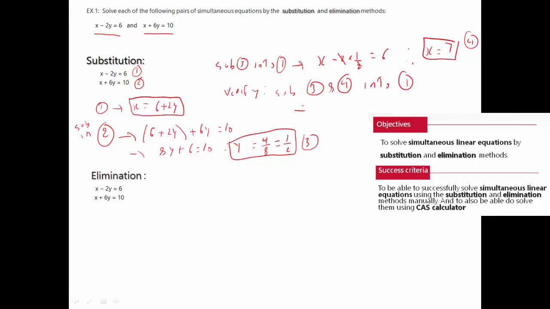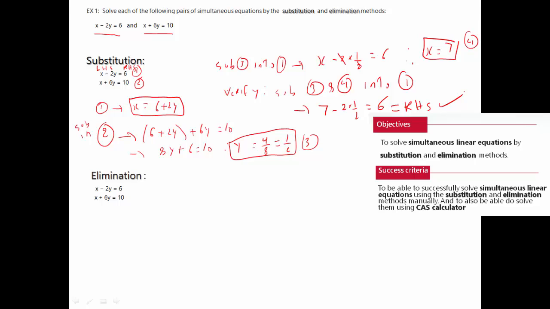We get 7 minus 2 times half, this is the left hand side, equals 7 minus 1 equals 6, which is indeed what the right hand side equals to. So indeed the left hand side equals the right hand side. So indeed this is our solution.